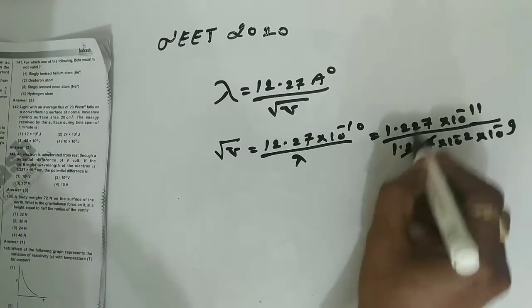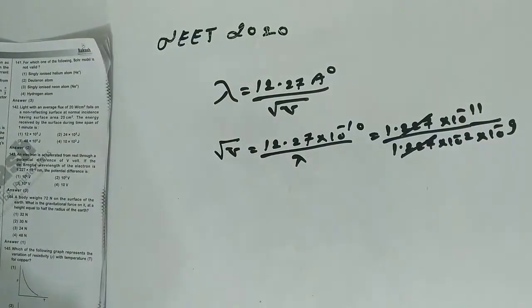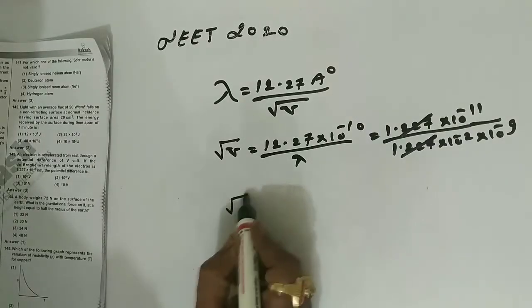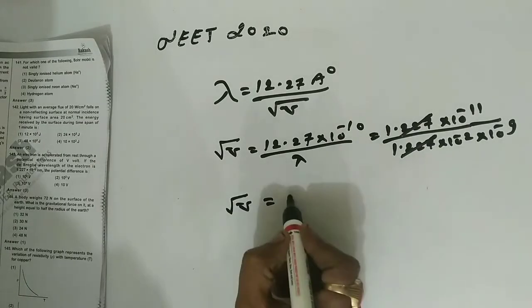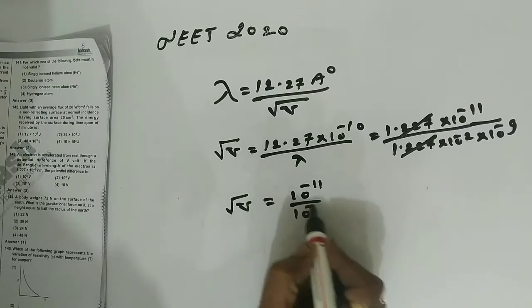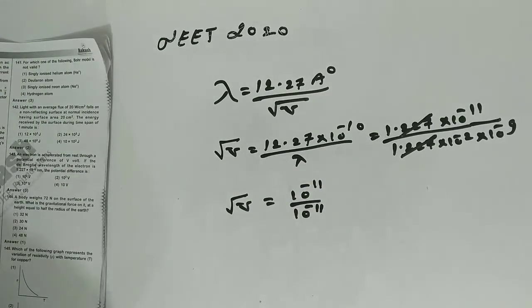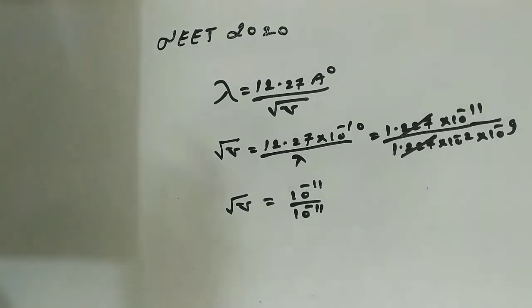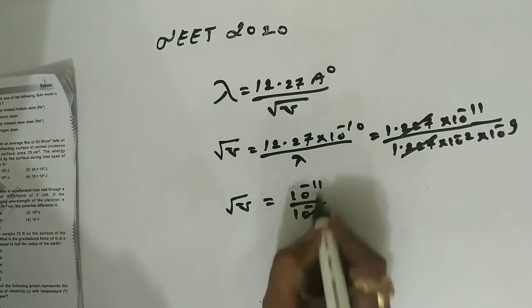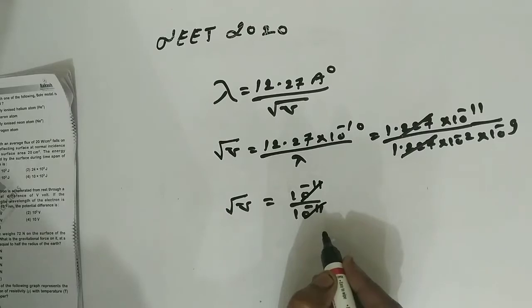That goes. Then what is left now? 10 to the power of minus 11. So are you getting the point? He has mentioned 10 to the power of minus 2 nanometer. Now both cancel. What is left now? 1.